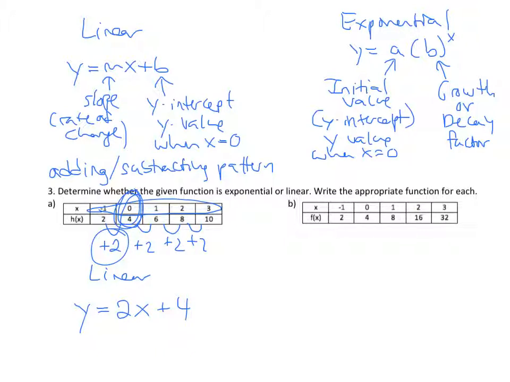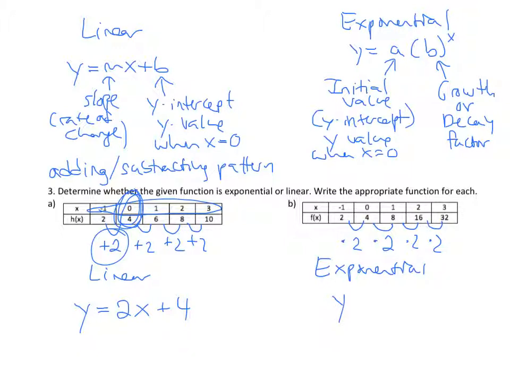In the next table, the pattern is multiplying by 2. From one y value to the next, we multiply by 2. And again, the x values are going up by 1. So this is going to be an exponential relationship. And we want to write it in the form y equals a times b to the x.